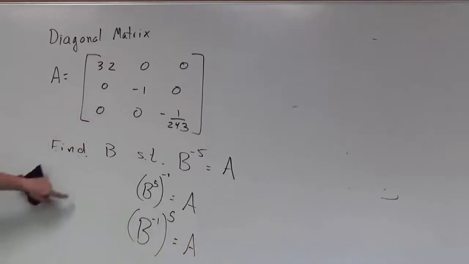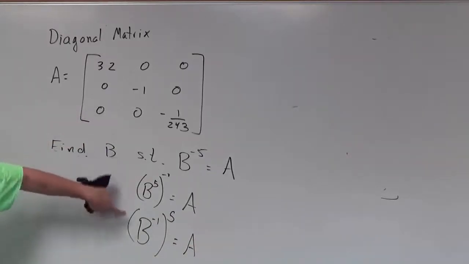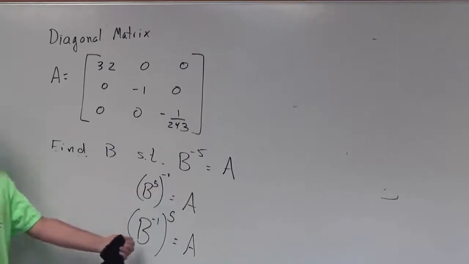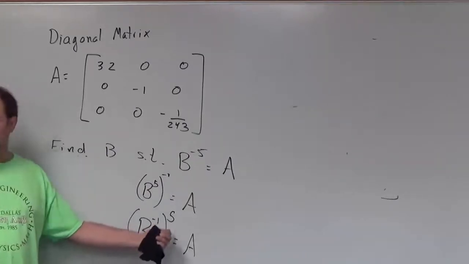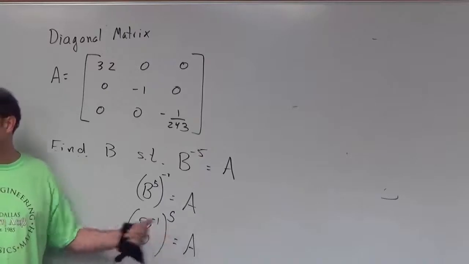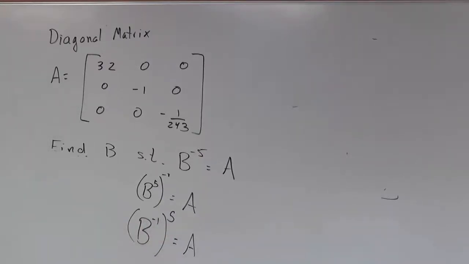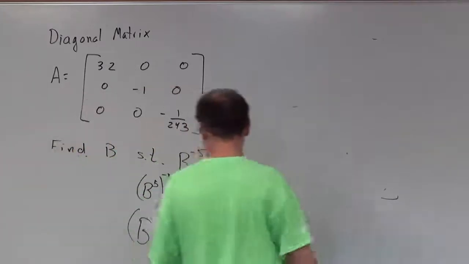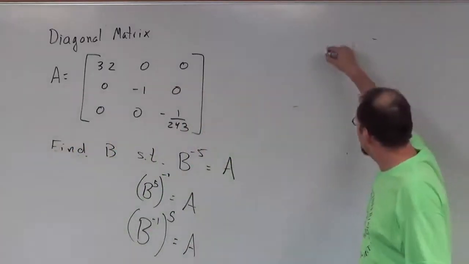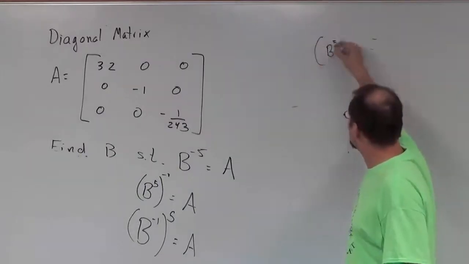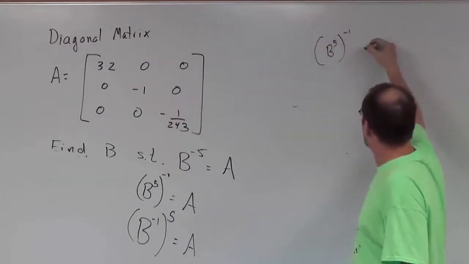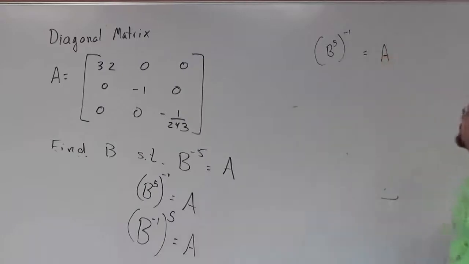Now, why are we going to take this point of view and not that one? Because if I wanted to solve for B here, if these were numbers, I would be taking the 5th root. And in general, the roots of a matrix are not defined. For a diagonal matrix, they are, because you can just take the 5th roots of each diagonal entry. But I'll be more formal. I'm going to take this approach. If I want to undo the inverse, what do I do to both sides?